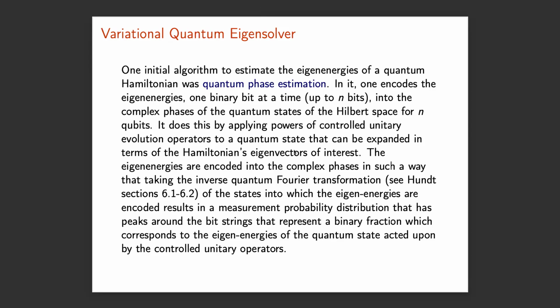Now, when we are going to run the simulations, and this slide is a little bit dense, but I wanted to give you some of the basic motivations for what is coming. When you have an initial Hamiltonian, there is an algorithm which was introduced back in the 90s, called the quantum phase estimation algorithm.